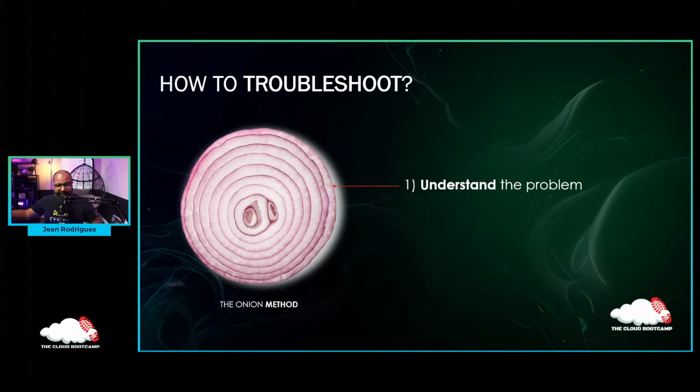And the longer it takes, the more money the business is going to lose. So you need to really understand that everything in here is related to the business at the end of the day, right? And then you want to fix a problem quickly. And so number one, the first layer, is understand the problem.